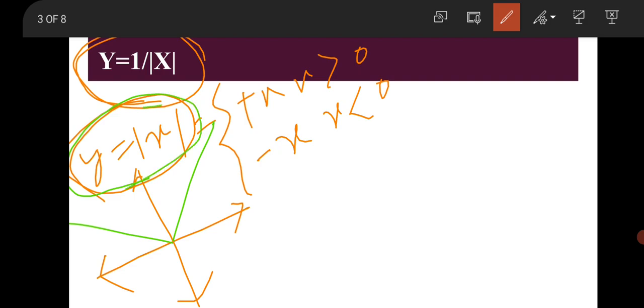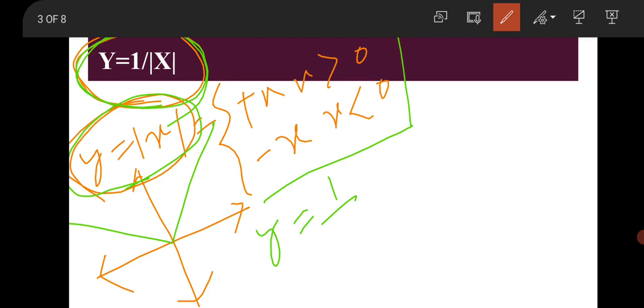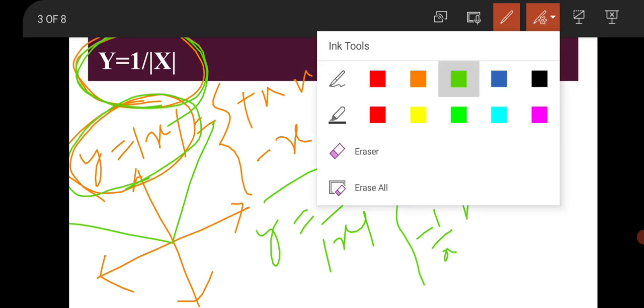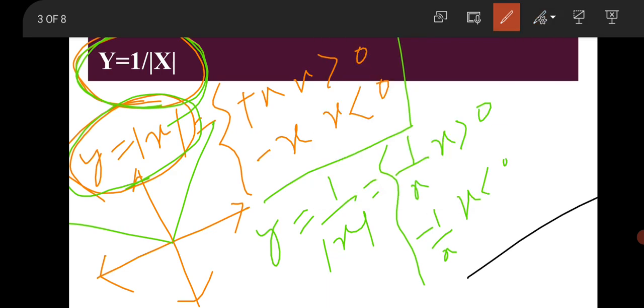But in this question, we are instructed to draw y equal to 1 by mod x. This is just simple. Y equal to 1 by mod x means 1 by x for x greater than 0, and minus 1 by x for x less than 0. So what will the graph be?